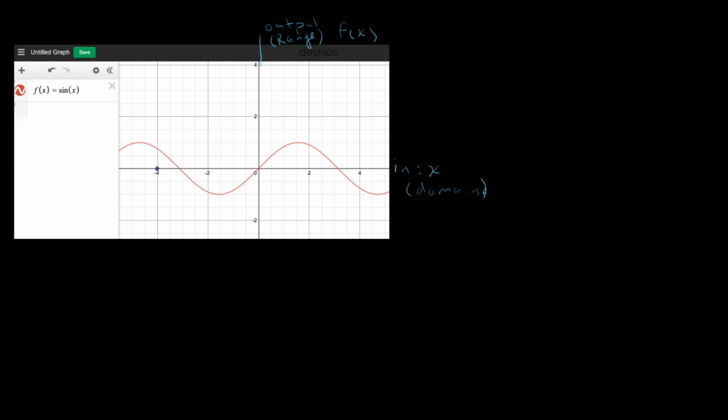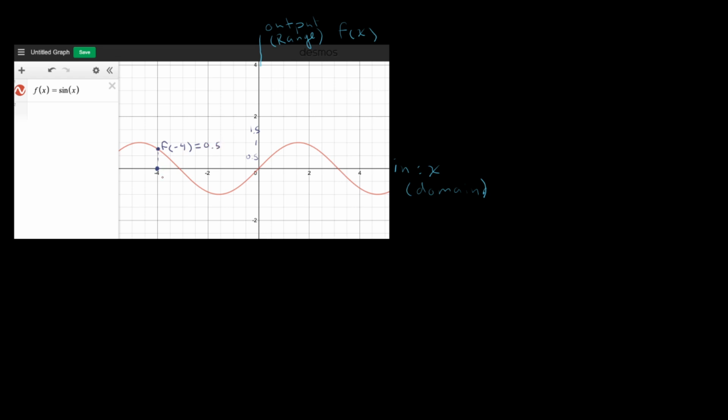My output, and this is kind of approximate, is about halfway between 0.5 and 1, here's my units: 0.5, 1, 1.5, and 2. So I would say f of -4 corresponds to an output of approximately 0.75.